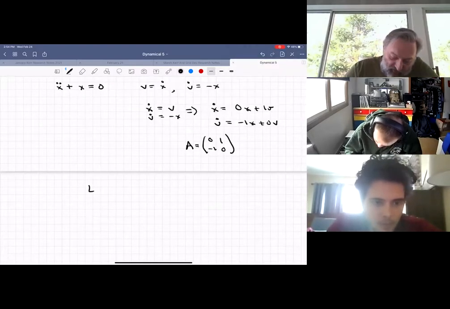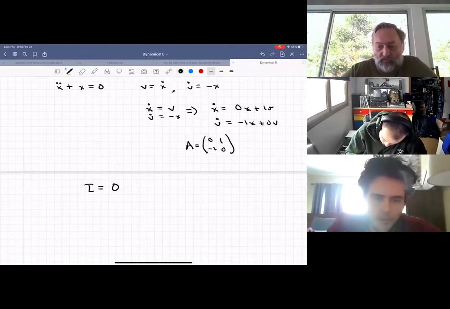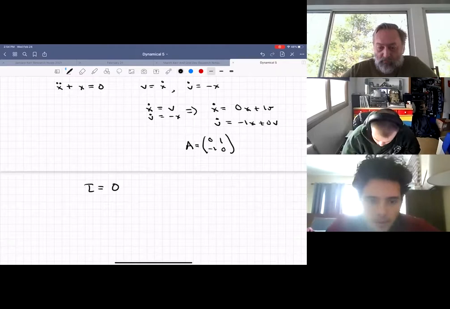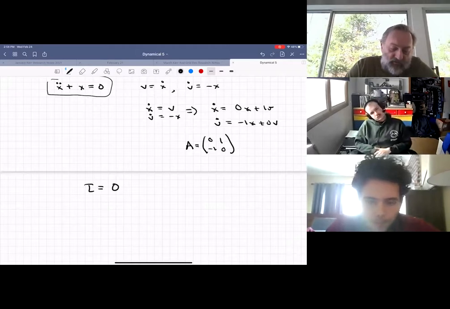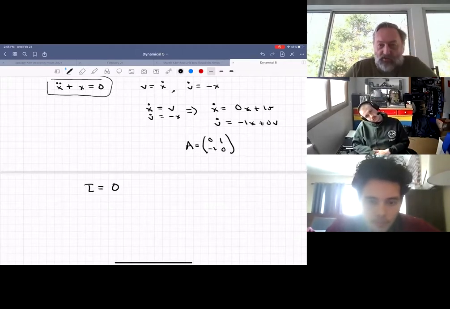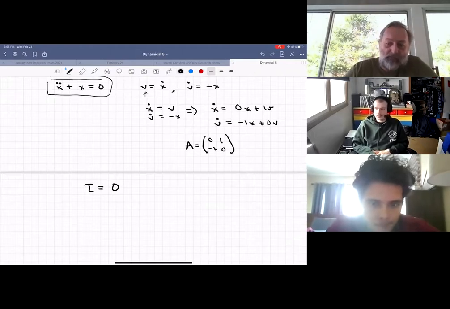Now the trace of A is 0. That's adding up the diagonals. Is v dot just an arbitrary choice? Yeah. If I have a second order differential equation, the way I turn it into two first order differential equations is I introduce a velocity. I say that v is x dot.